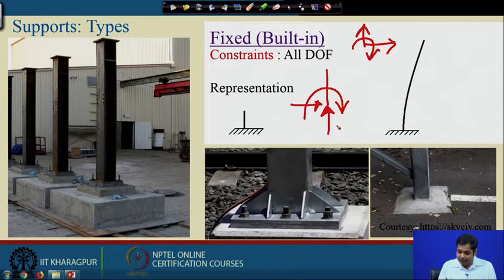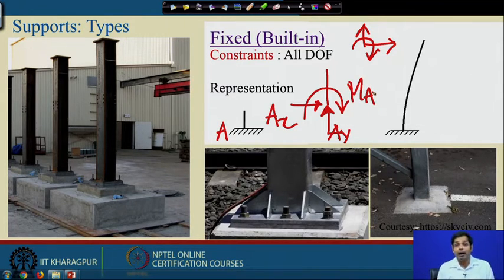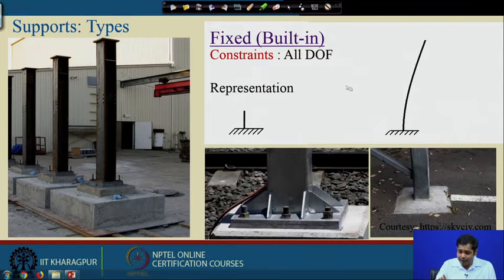Say this support is A, then this is A y, this is A x, and this is M A, right. A x, A y, and M A are the support reactions. If it is a fixed support, we have 3 support reactions.